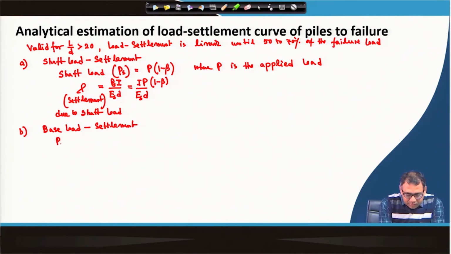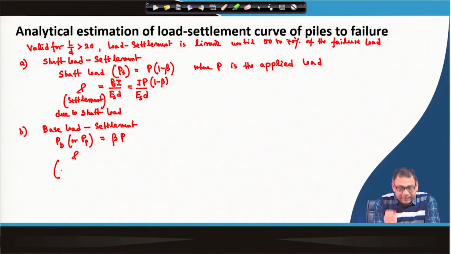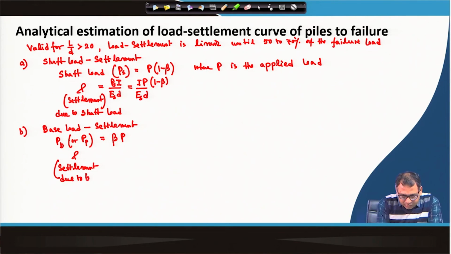The base load Pp or Pb, that is equal to beta into P. So, assuming a linear relationship between the load and the settlement, we will get the settlement due to the base load, which will be equal to how much?